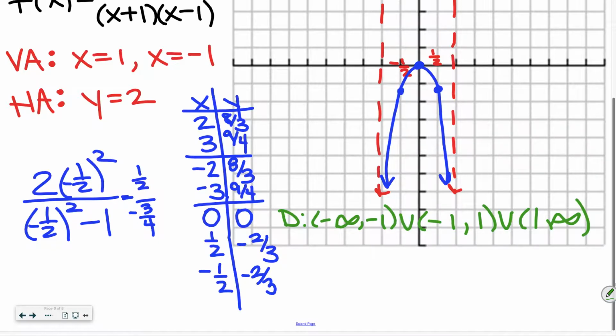It stops at 0 and there's a gap, right? So we would describe our range as negative infinity to 0 with a bracket because we do have a value there. And then we have values again above our horizontal asymptote, so not including 2 because it doesn't cross the horizontal asymptote, but to infinity.